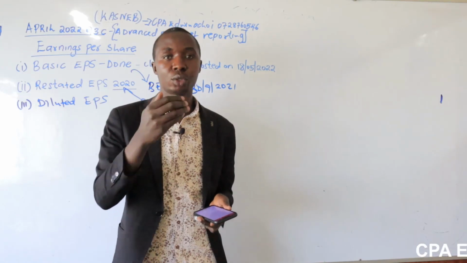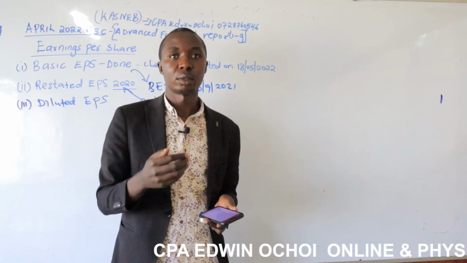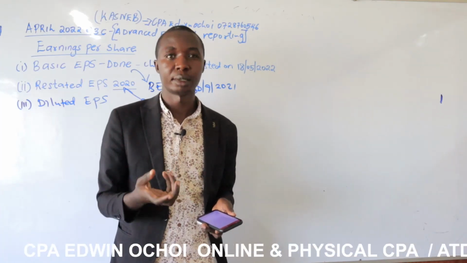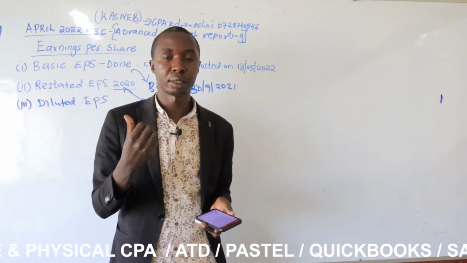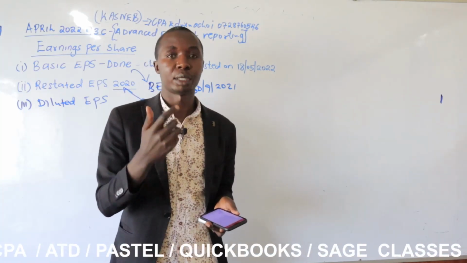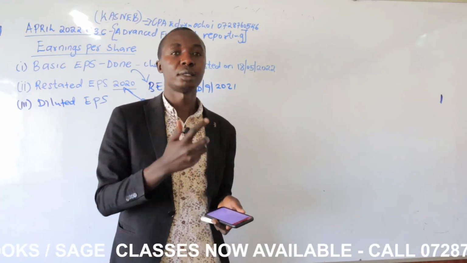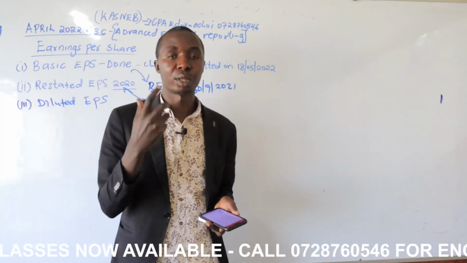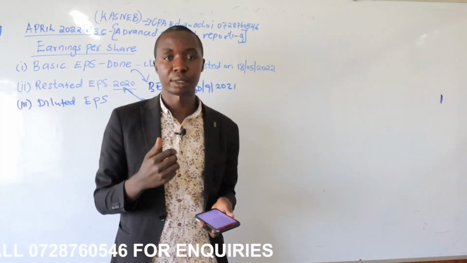Remember that the rights issue was in the year ending 30th September 2021. So we go with the assumption that this rights issue was in the previous year, the year ending 30th September 2020. So we compute a restated EPS of the year 30th September 2020 with the assumption that the rights issue was in that previous year.